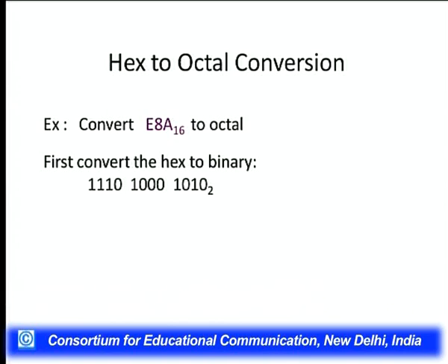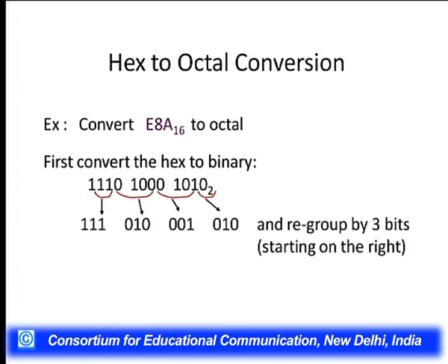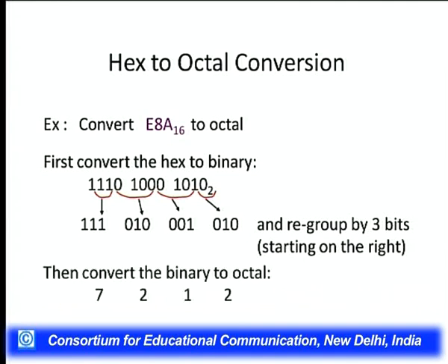The binary equivalent can be taken out for E, for 8 and for A, and then you regroup the bits into groups of 3, because for octal you need 3 bits, starting from the right side. After that you convert the binary number into octal. This will give you the octal equivalent of the given hexadecimal number.